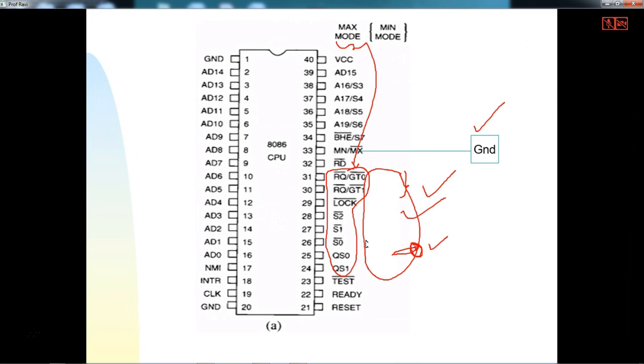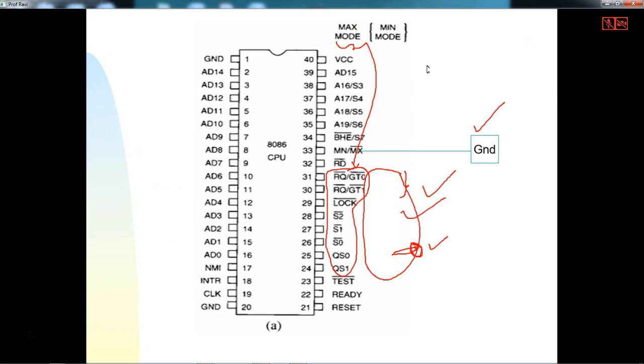So what exactly is the maximum mode? When the 33rd pin is connected to ground, it acts in maximum mode. In maximum mode, it accommodates one more co-processor called 8087.